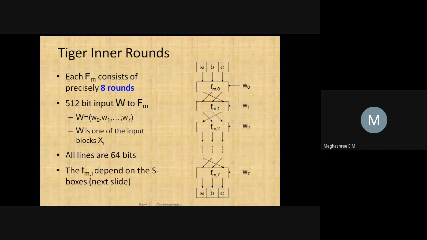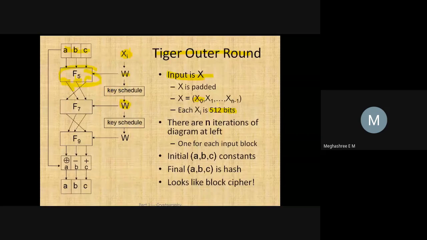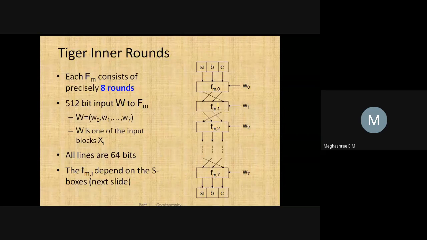As you can see here, each F consists of 8 rounds. So this we call the inner round. Whatever we discussed earlier was the outer rounds; now we are looking into the inner rounds. So this calculation will be performed for 8 rounds. Do remember this. This topic is very important.